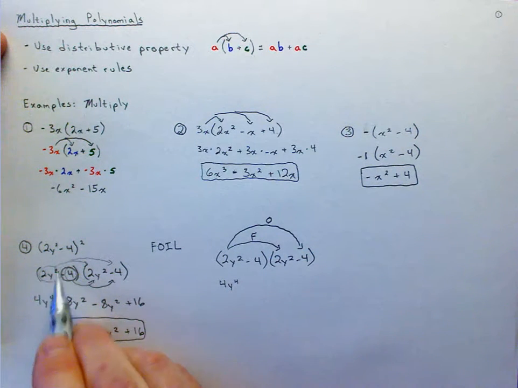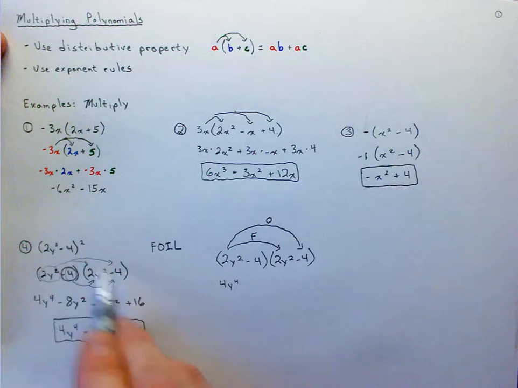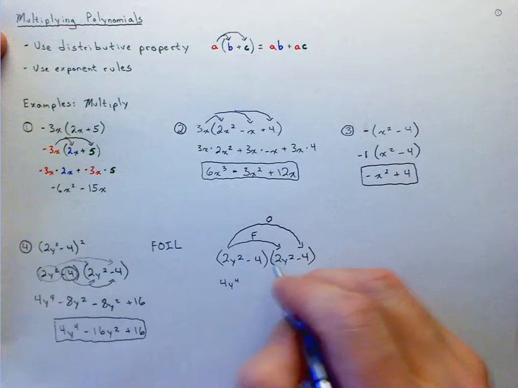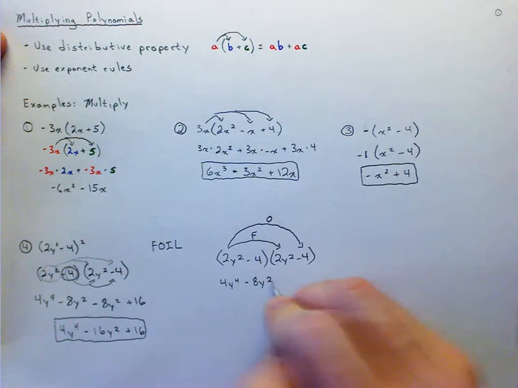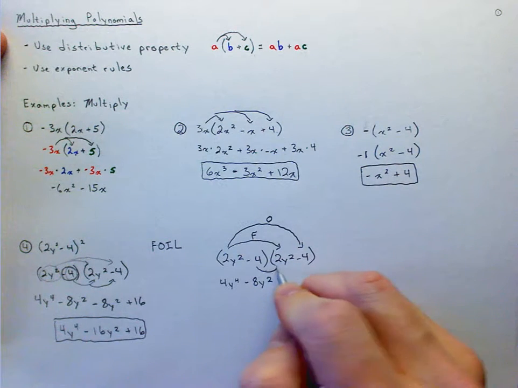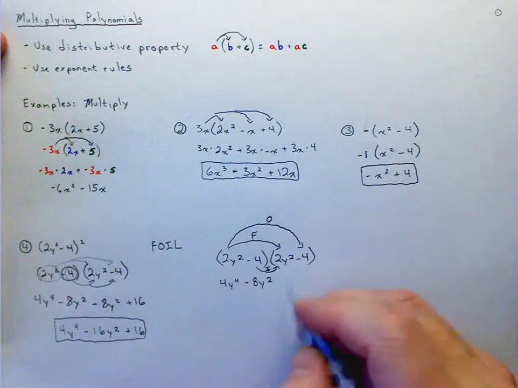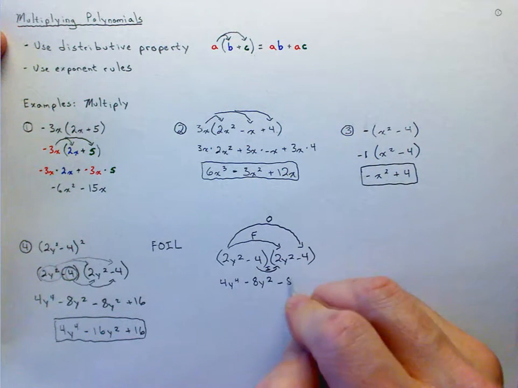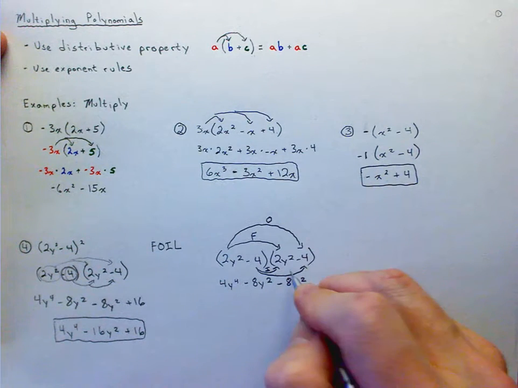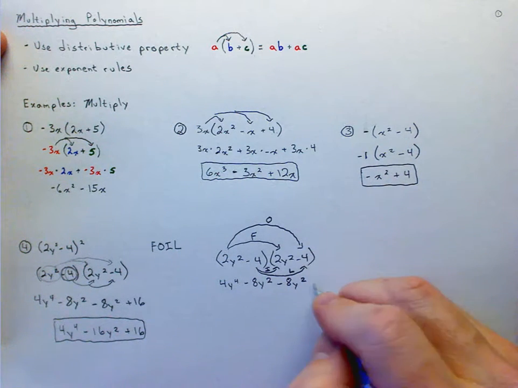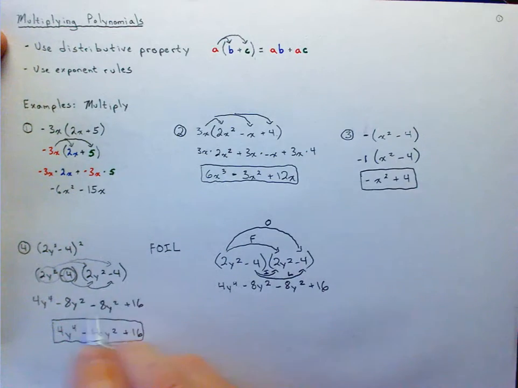I said I had this. Outer is negative 8y squared. Inner, see, I'm doing the same thing. That's just where they came up with that acronym for you to do. And then last, same thing.